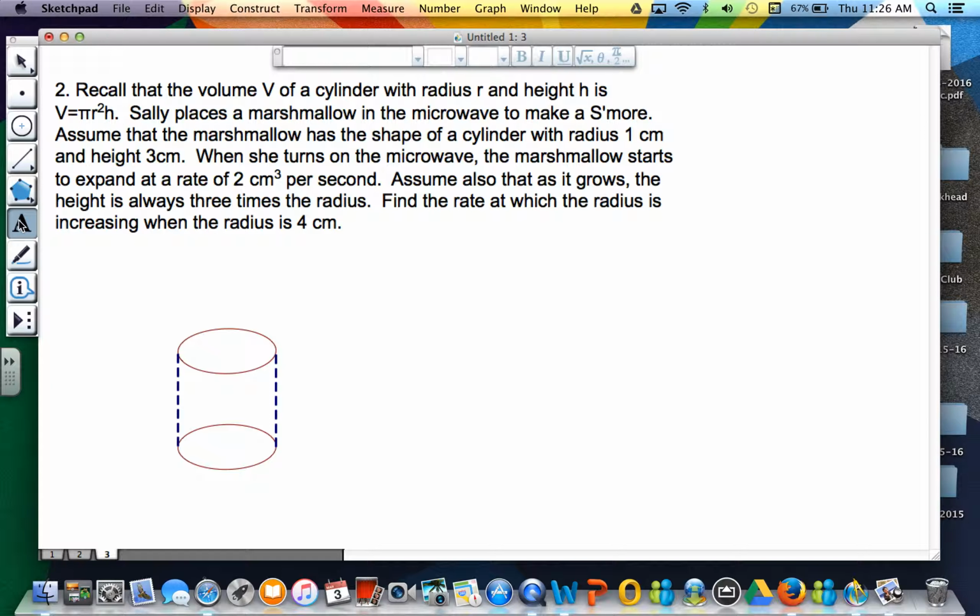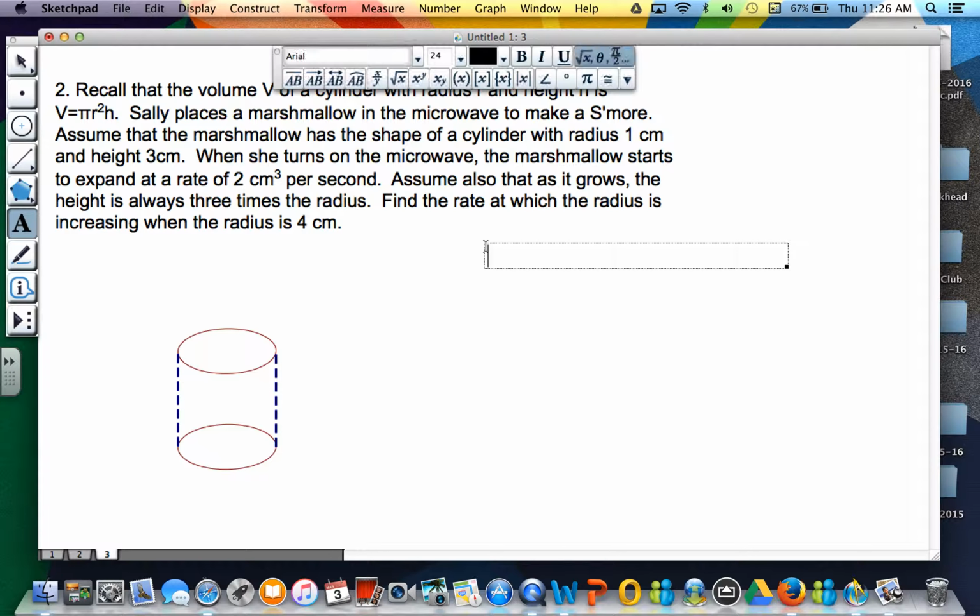Okay, well, we know here that dV/dt is equal to 2 centimeters cubed per second.